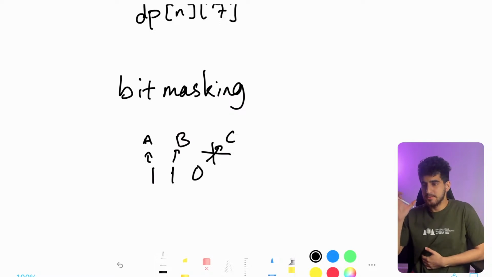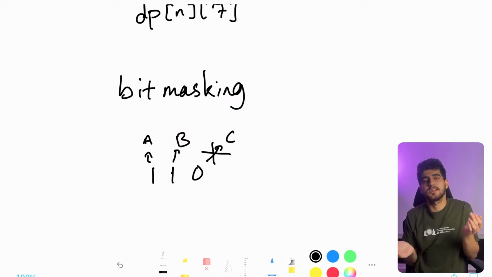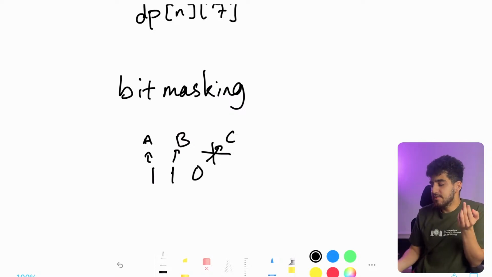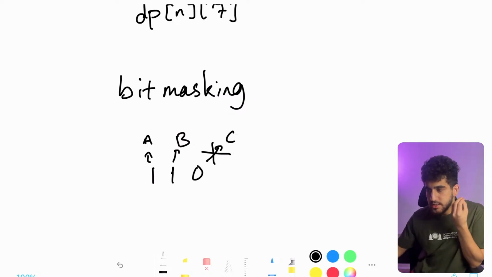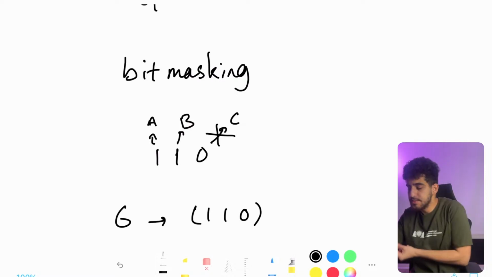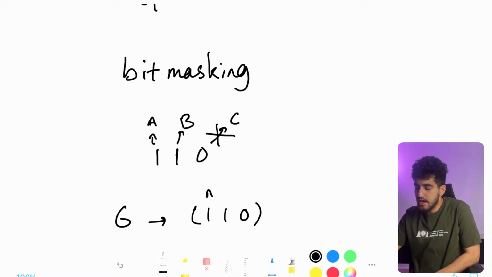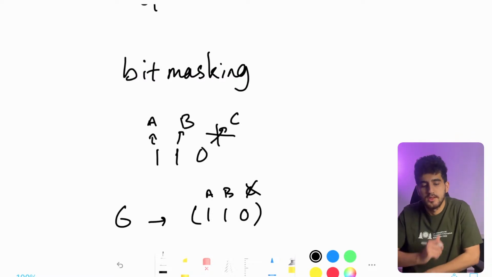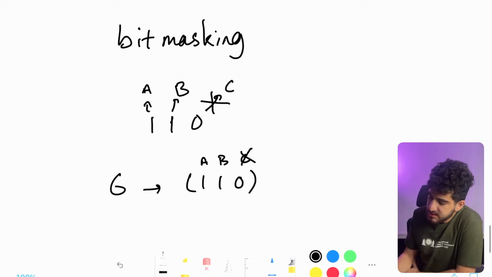So with bits, I'm showing a mask. All the numbers that we see are going to be like a mask. For example, 6 in base 2 is 1, 1, 0, and it means that I have A, I have B, and I do not have C, no C. This is called bit masking, and usually we call this a mask.